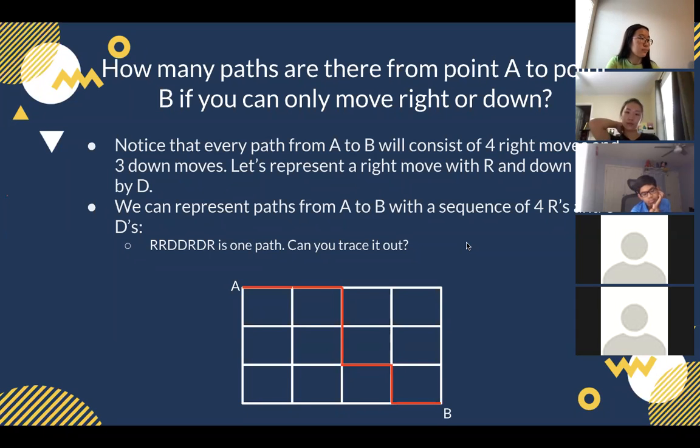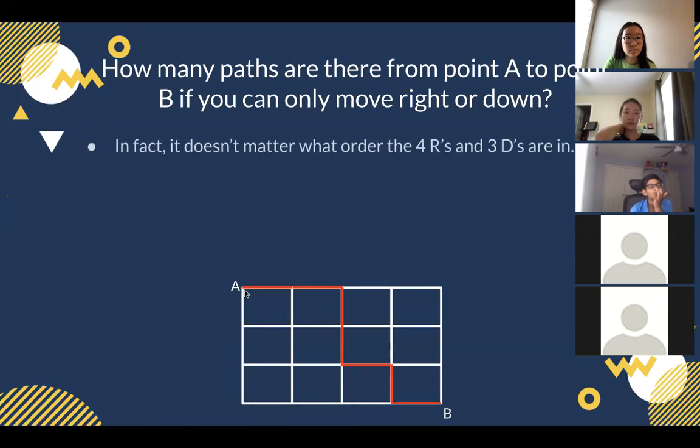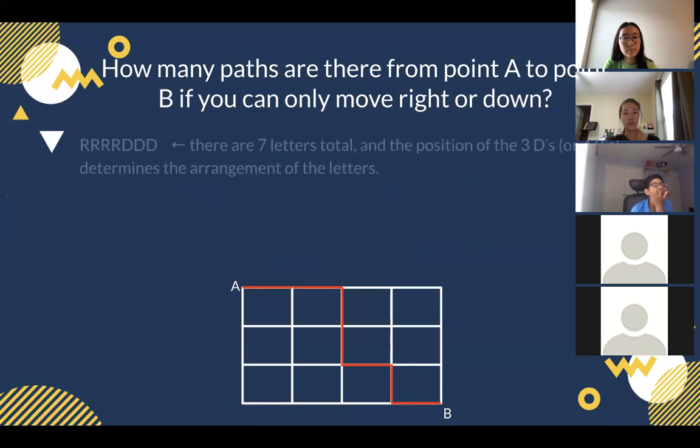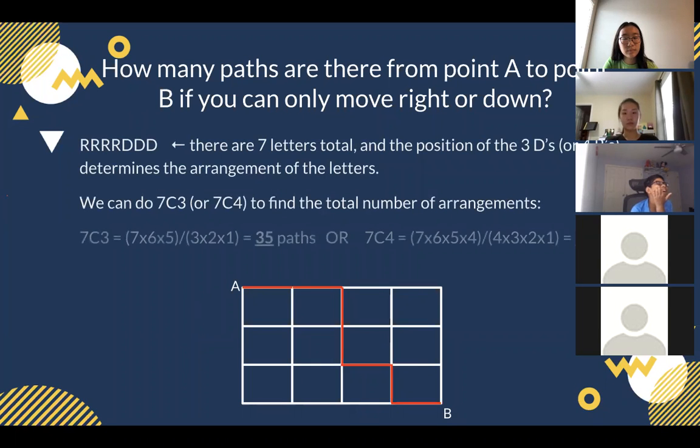How many different orderings are there for someone's name, right? And then it just becomes 7 factorial divided by 4 factorial times 3 factorial, because it's 4 R's and 3 D's, right? And that's going to give us 35 paths.